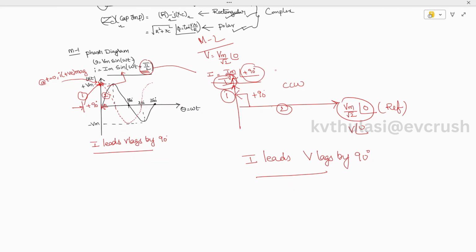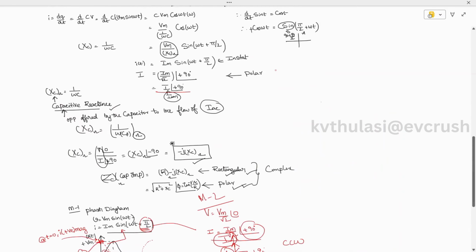Now coming to the concept of capacitor reactance. Already we had drawn the capacitor reactance. Here you can see the capacitor reactance XC ohms is equal to 1 by omega C, where omega means 2 pi f. Here I want the relationship between frequency and reactance. I can get XC is inversely proportional to 1 by f.